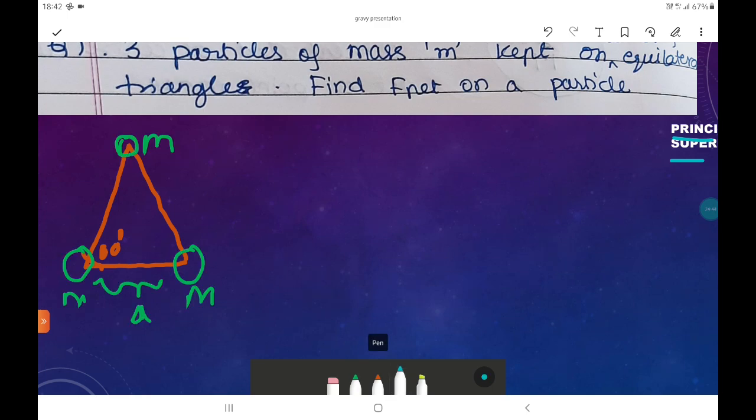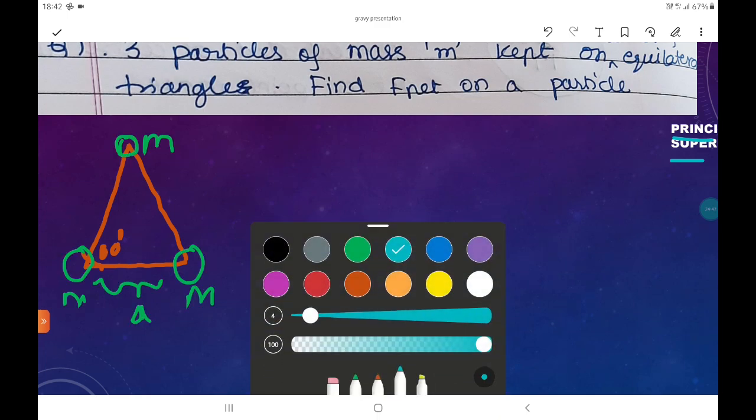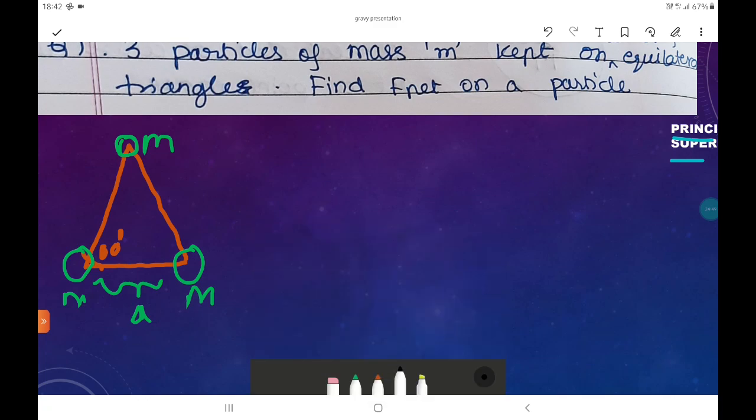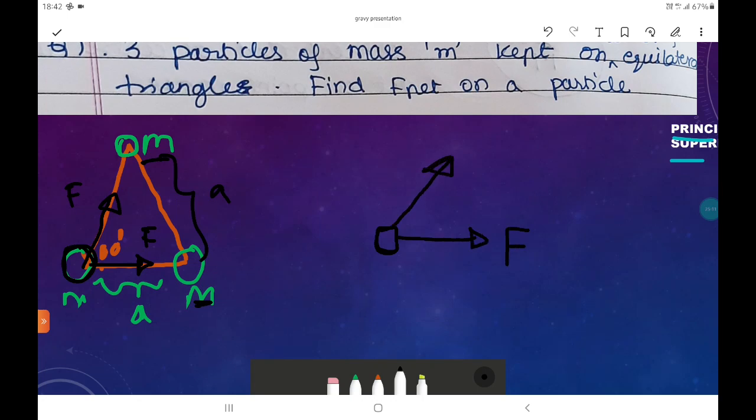Any one of the particles, they are asking you to find F net. So if you see this particle, it will experience one force this side, called F, and the same force will appear this side, because the sides are equal, distances are equal and masses are also equal. So this particle is experiencing one force this side, another force this side, and the angle between these two forces is 60 degrees.